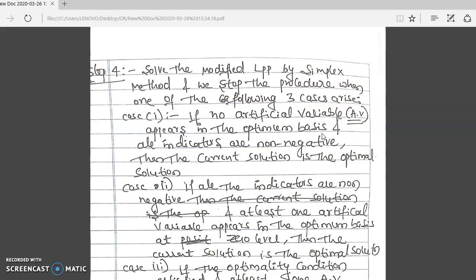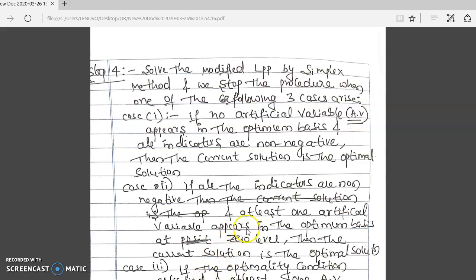At the same time we have to check the basic variable column, where no artificial variable should be there. If any artificial variable is there, then it matches with the third case. Then we have to stop the iteration. We can say that the problem does not contain any solution.